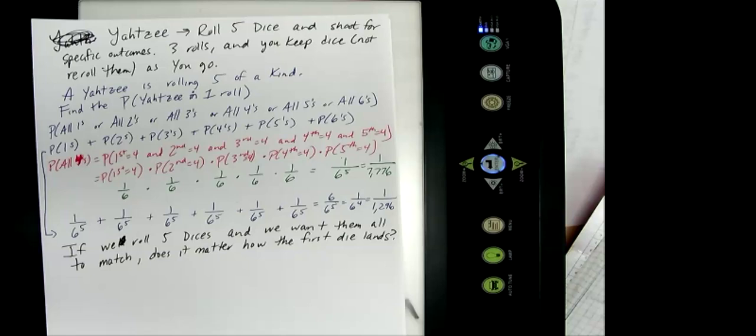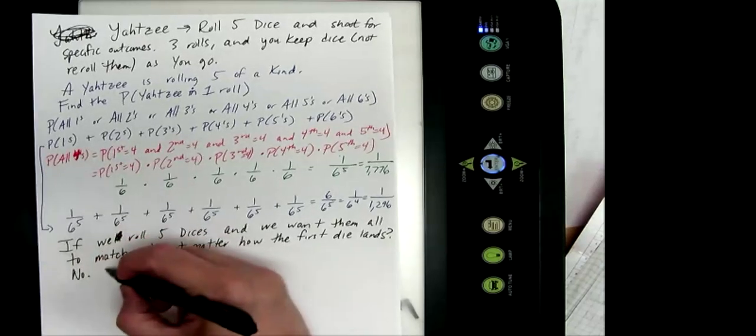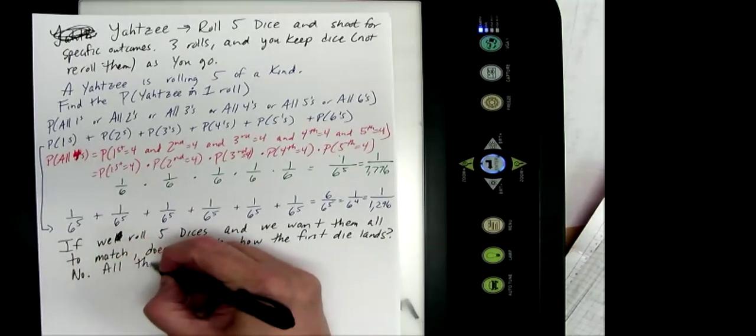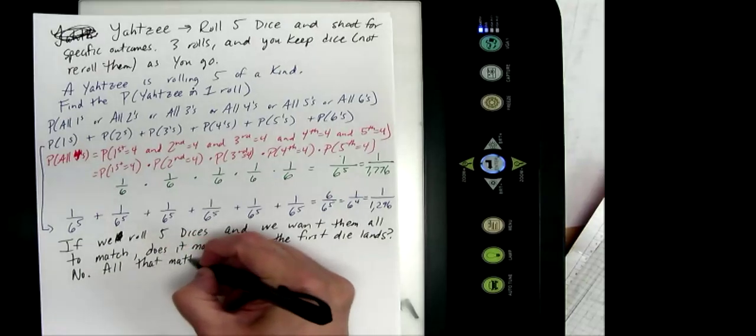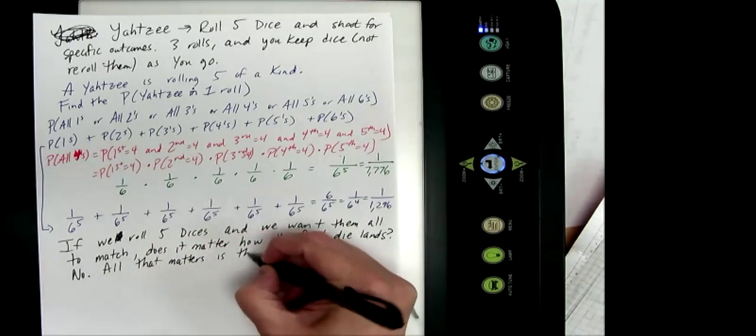Like, let's say my first die is a 3. Does that affect things? Or it's a 1, or it's a 2. It doesn't really matter what the first die is. All that matters is that the rest match it.